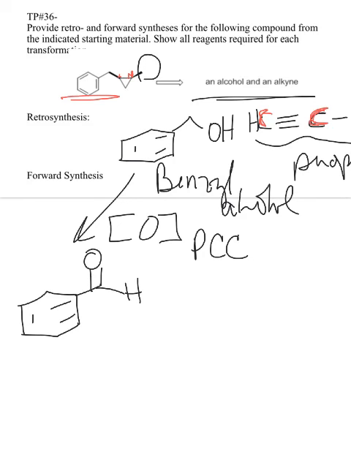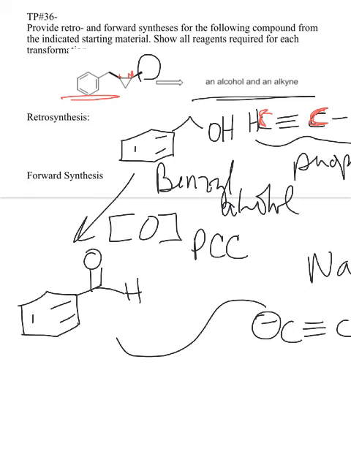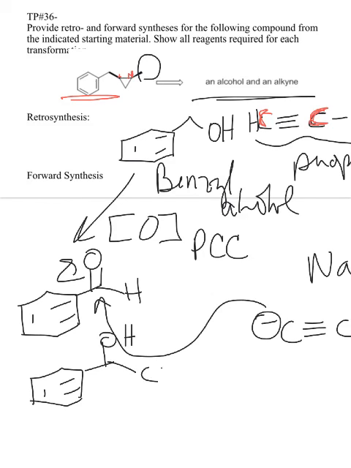And what you do know is if you take this alkyne and react it with sodium metal, then you make a nucleophilic alkyne, and this will attack a carbonyl, and then that will give you an alcohol, and it would give you the carbon framework that you're looking for.